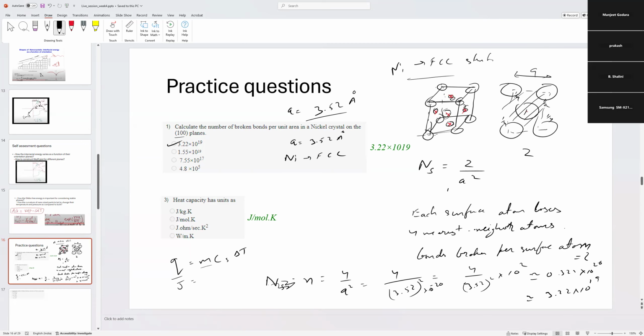M can be, if it's molar, then it's the number of moles, and if it's specific heat, then it's mass. So this is unit mole, this is joule, delta T has units of Kelvin, and this is the heat capacity, sorry. So the units of heat capacity would be joules per mole per Kelvin.